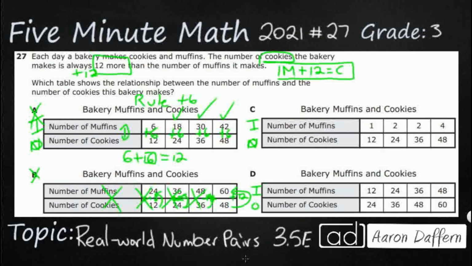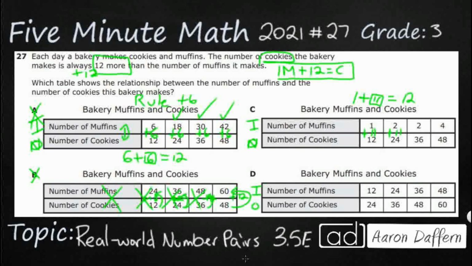So let's look at our muffins and cookies. Well, we've got a 1 to 11, so 1 plus what makes 12? Let's try plus 11. Does 2 plus 11 make 24? Oh, it makes 13.